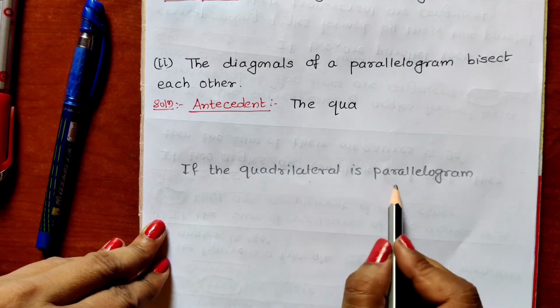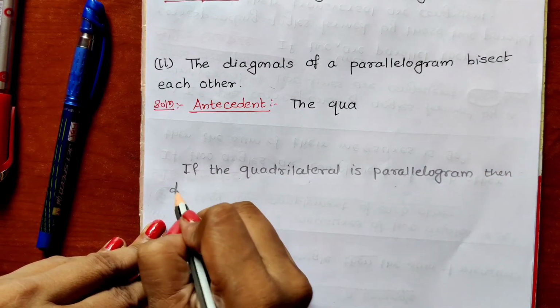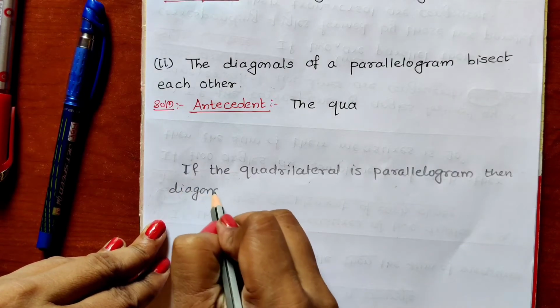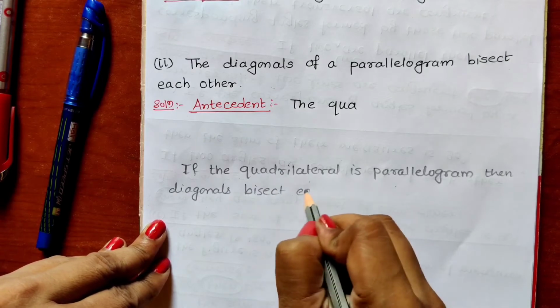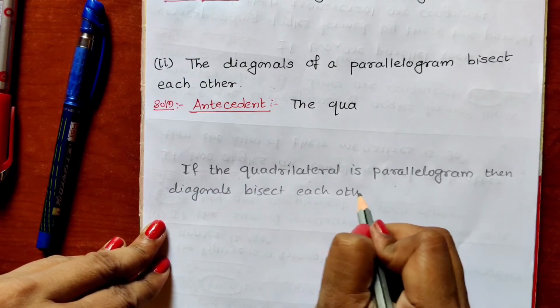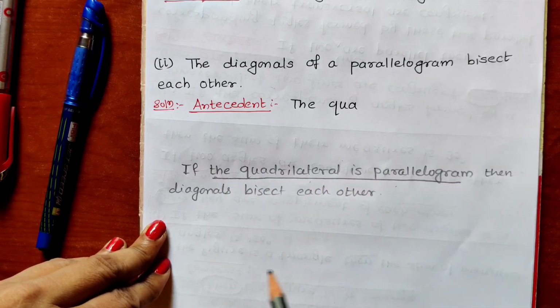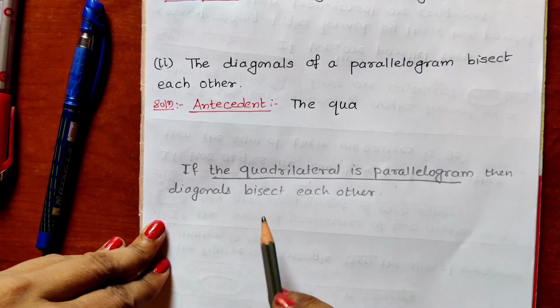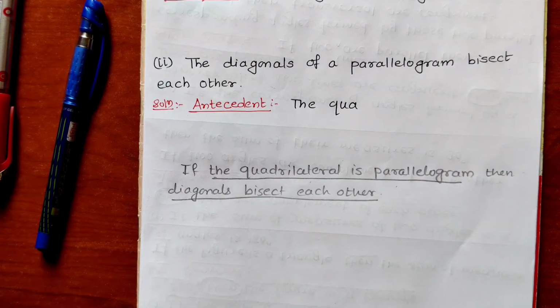So if the quadrilateral is parallelogram, then what will happen with the diagonals? Then diagonals bisect each other. Correct? So the antecedent is the quadrilateral is parallelogram and the consequent is diagonals bisect each other.